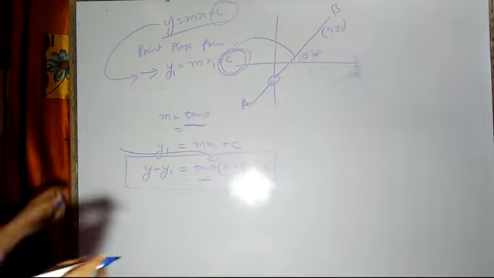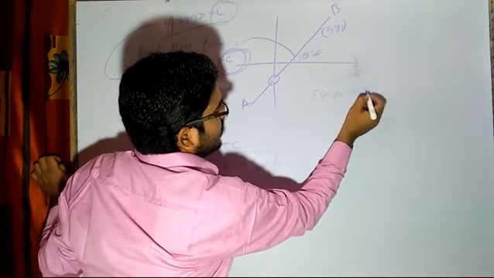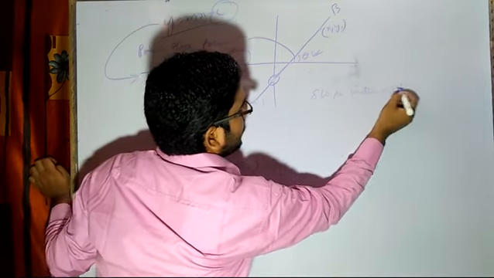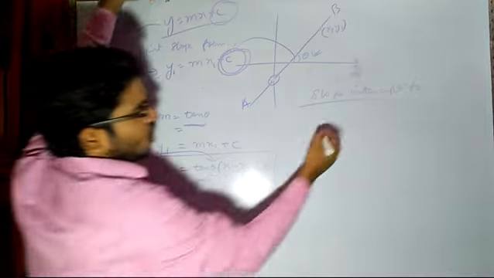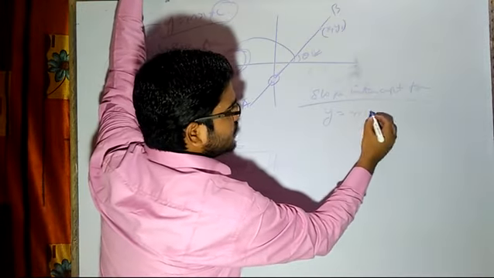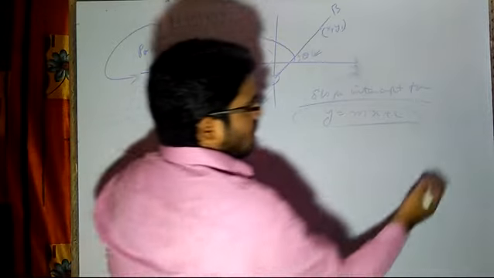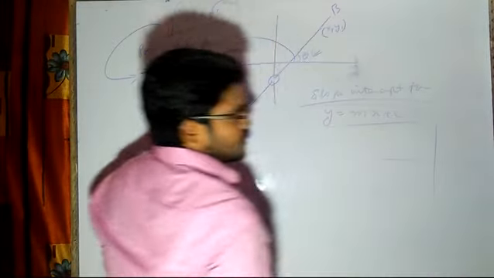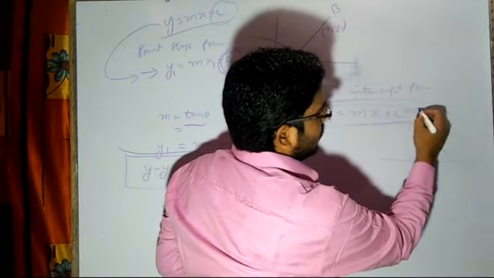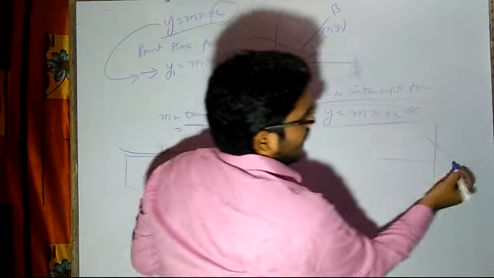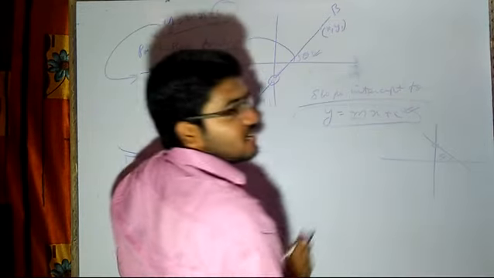Now one is slope intercept form. Y is equal to mx plus c is called slope intercept form, which means in this you will be provided with the y-intercept, and then either you will be having theta or you will be having the slope.